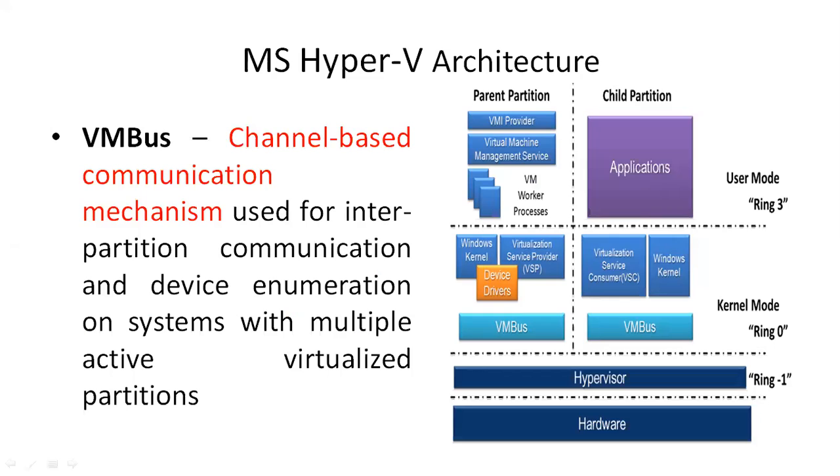It is used for inter-partition communication and device enumeration on a system with multiple active virtualized partitions. For inter-partition communication and device enumeration on a system, you use the VMBus.